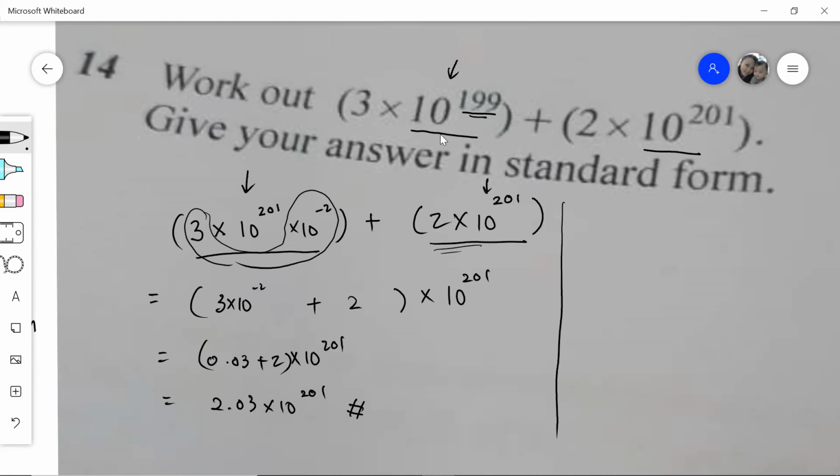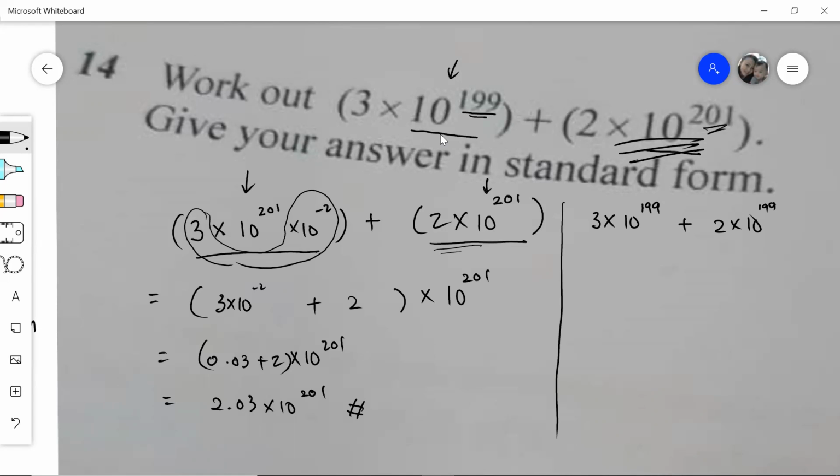Or you can choose to factorize 199 instead. So 3 times 10 to the power of 199. But we have to rewrite the second part. Instead of 10 to the power of 201, we want to see 199 also. How do I get back from 199 to the original 201?